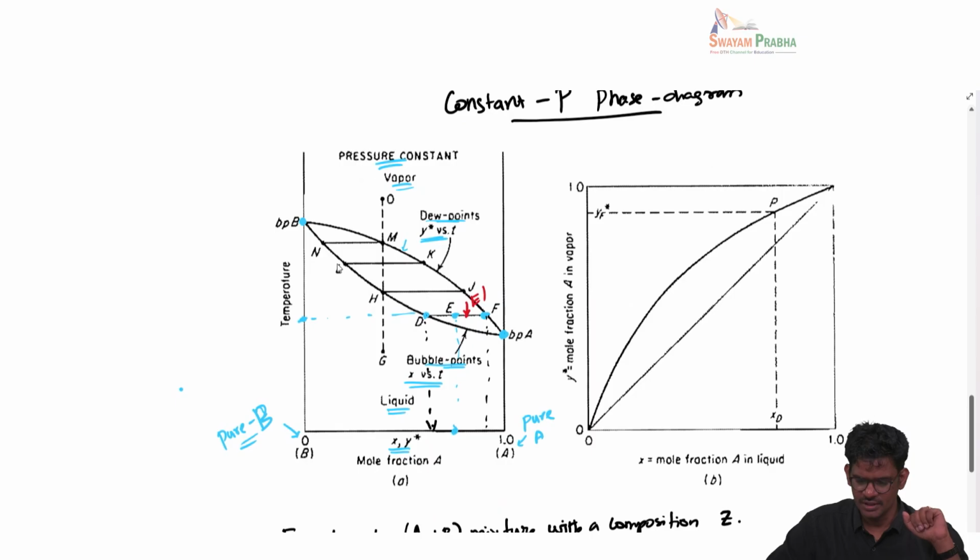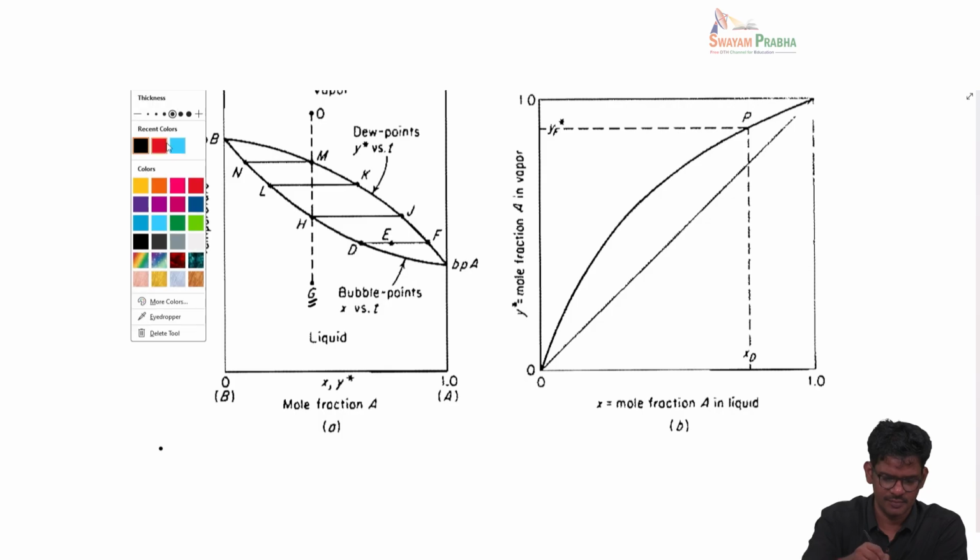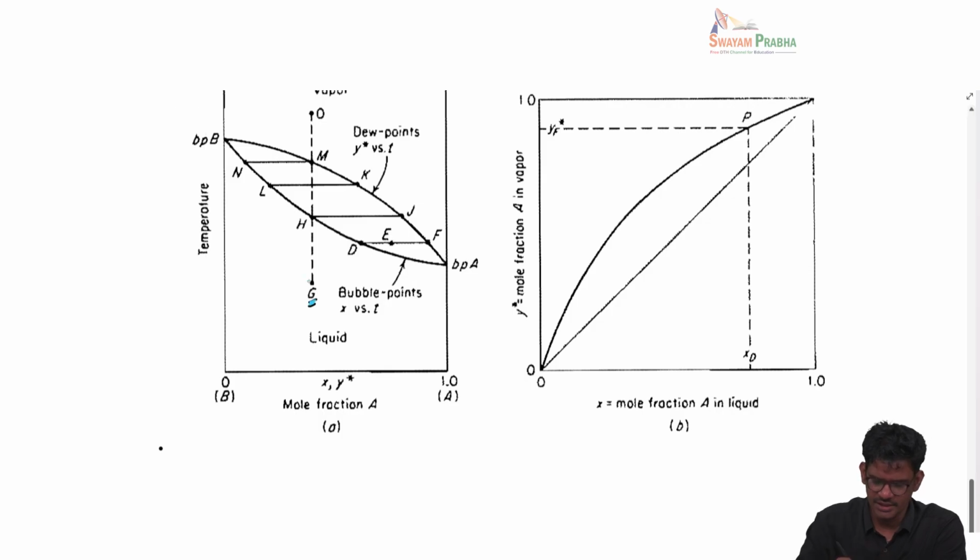Okay, now another important thing to see is what happens when we start with point G, which is well into the pure liquid form, and then we slowly heat it and see what changes happen to the mixture. So let's say you start with point G and then you heat it. When you heat it, the composition remains the same, and once you reach the temperature corresponding to H, this is where you hit the VLE, vapor liquid equilibrium.